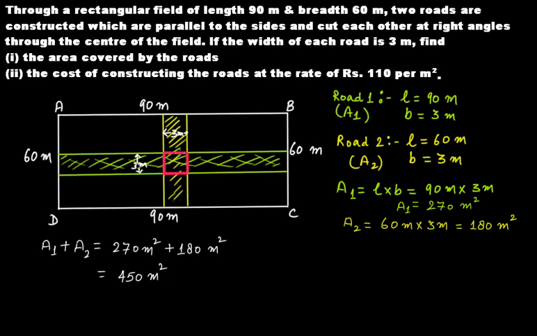So you have to subtract the area of this much from this 450 meters square. First let's calculate, and then I'll explain why we are doing this, because most of the students get confused in this. So what's this side? Of course this is 3 meter, right? This is 3 meter.